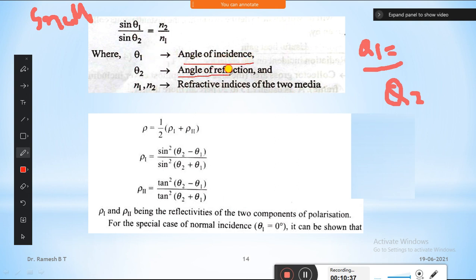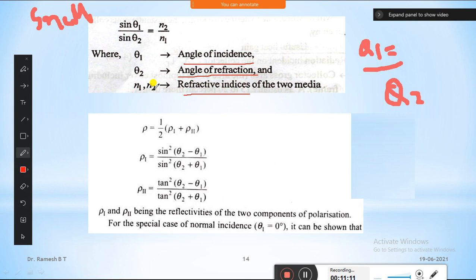Theta 2 is the angle of refraction, meaning the amount of radiation that enters media 2, and small n1 and small n2 represent the refractive indices of the two media. Small n1 is the refractive index of media 1, and small n2 is the refractive index of media 2.